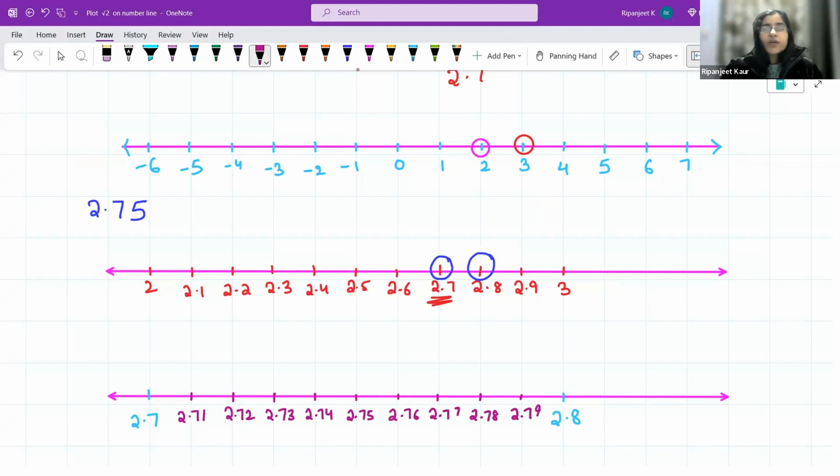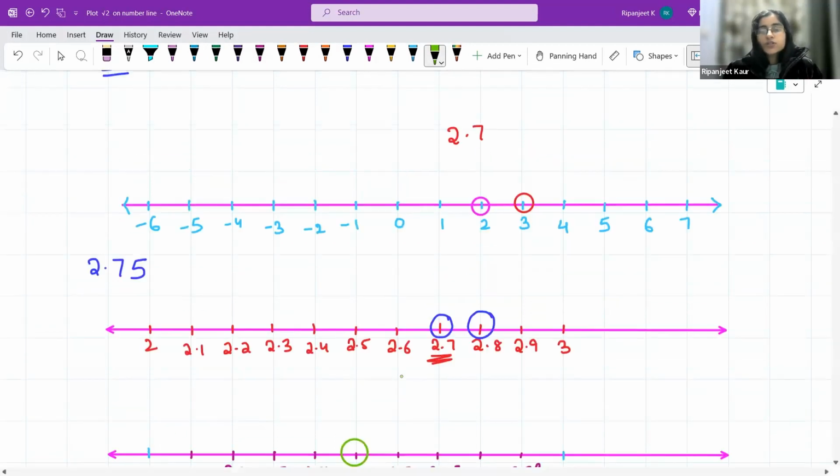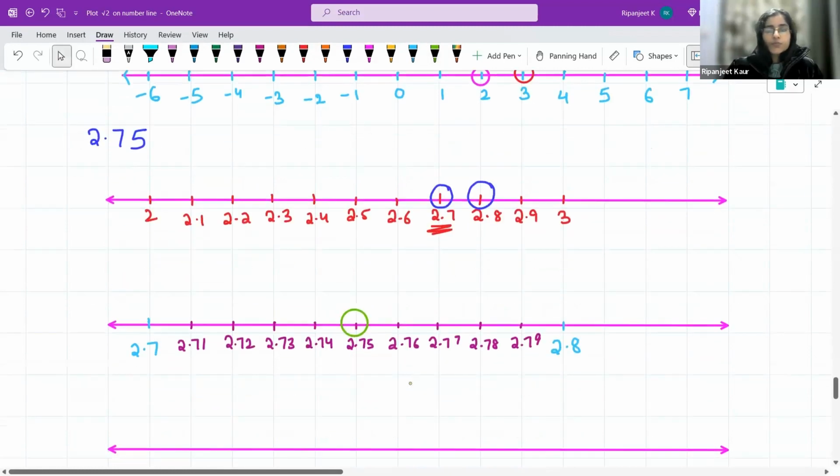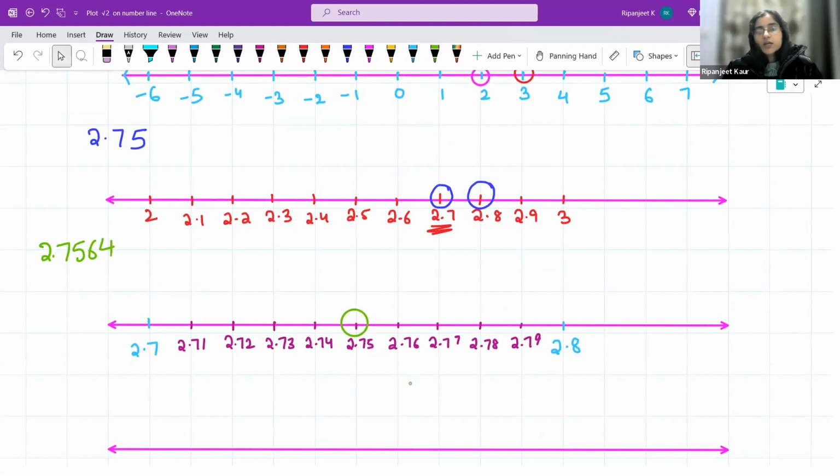Now we want to locate 2.75. So where is 2.75? It is here. And what was the original number? The original number was 2.7564. Now we have located 2.75, but there is a 6 after it also, right? So that means the number is bigger than 2.75, and the next number is 2.76.